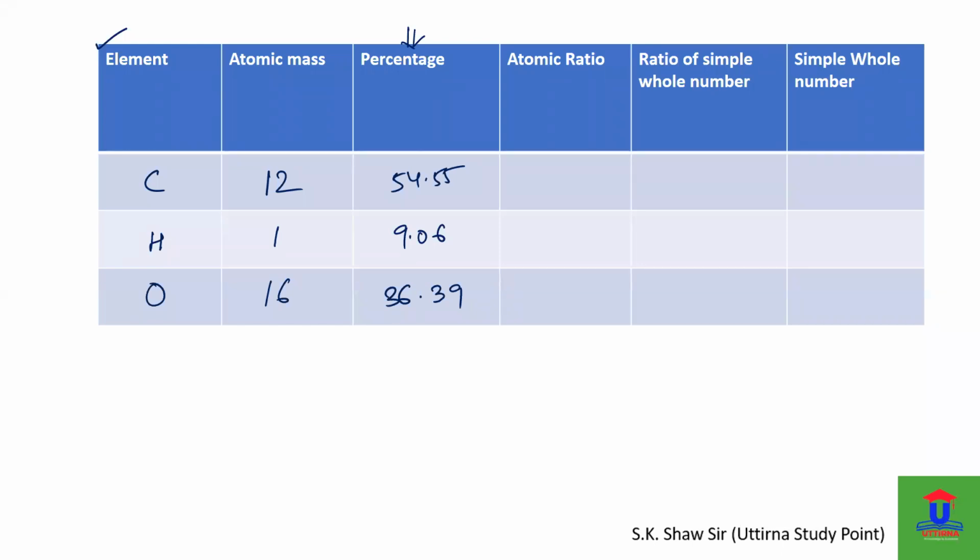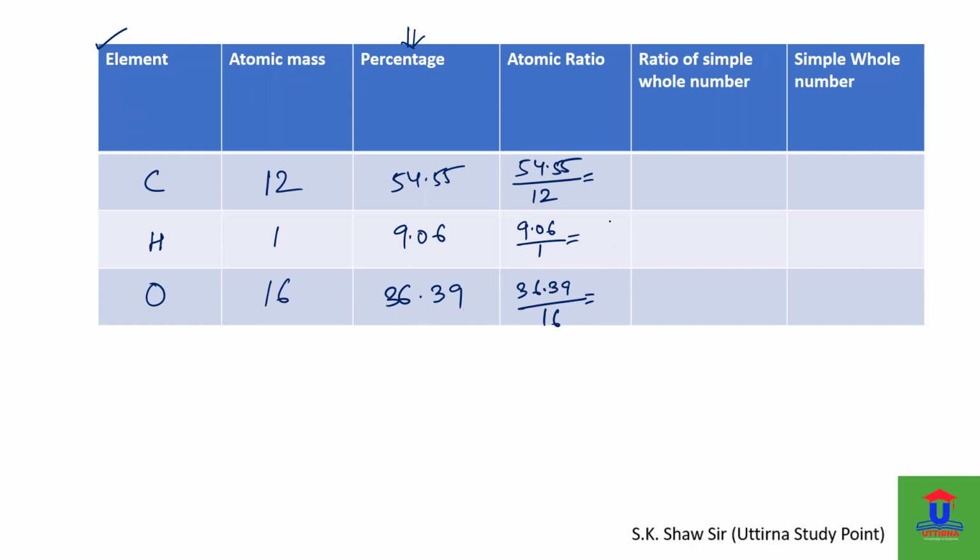Next is atomic ratio. Next, what you have to do, just divide the percentage by its atomic mass, which is 54.55 divided by 12. Here it is 9.06 divided by 1. Here it is 36.39 divided by 16. For now, use a calculator, but please try at home.